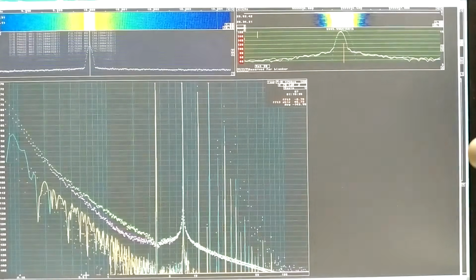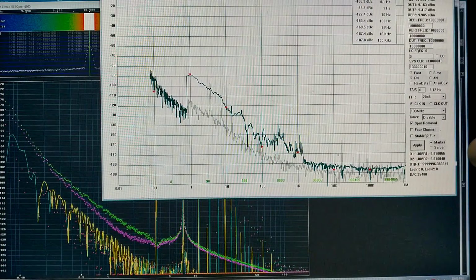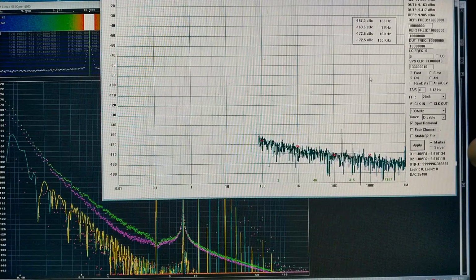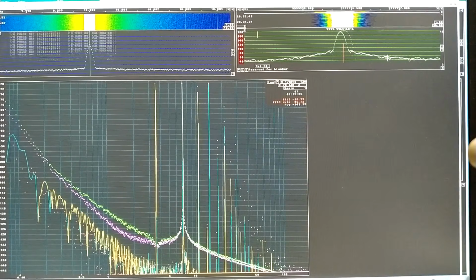But if I look here, I can clearly see that the red and green traces are similar. Means there is noise now from the box. And if I wait for a while, I can probably see this is wider. And if I start here, I will probably see the noise level is higher again. It's quite clear here that we have these noise structures that are the same on both sides.